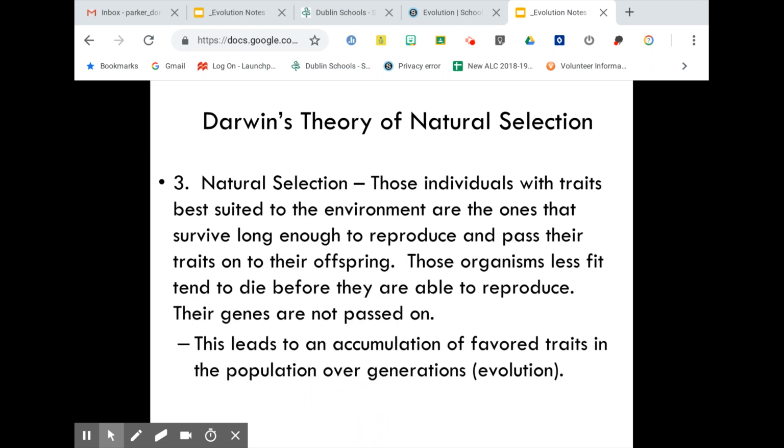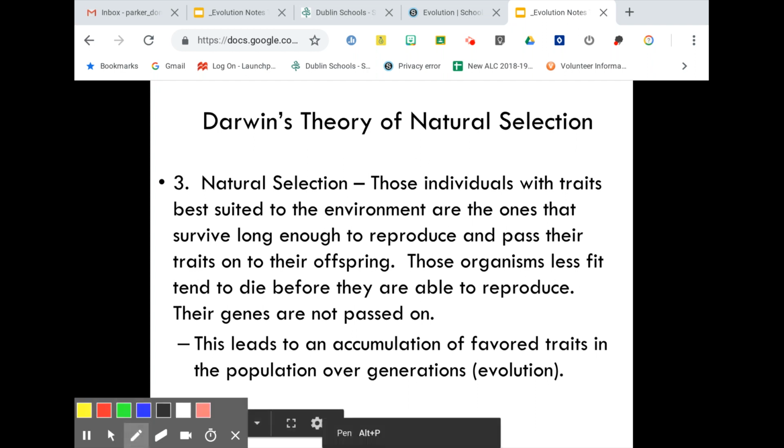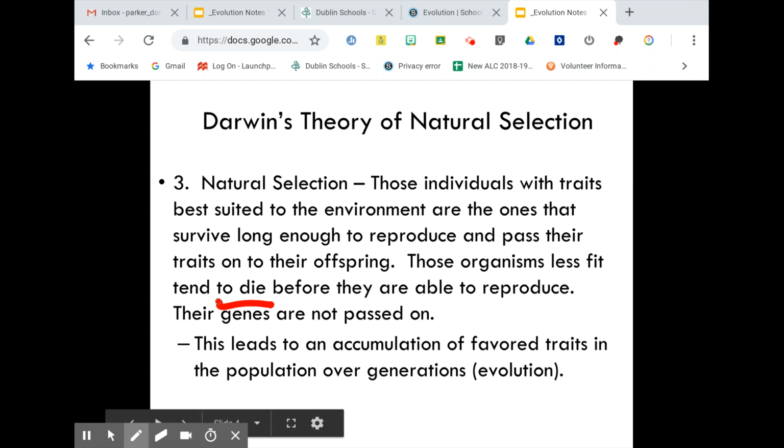Okay, and again, we talked about what natural selection is. The prize for being suited for the environment is reproduction, and the prize for reproduction is passing on those traits. The consequence of not being fit is death. I've mentioned that before. And if you're dead, you're not reproducing, and if you're not reproducing, you're not passing on those genes.